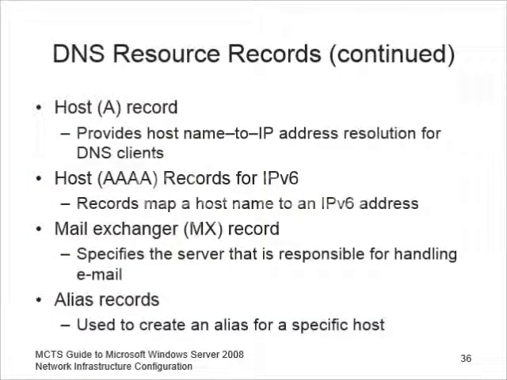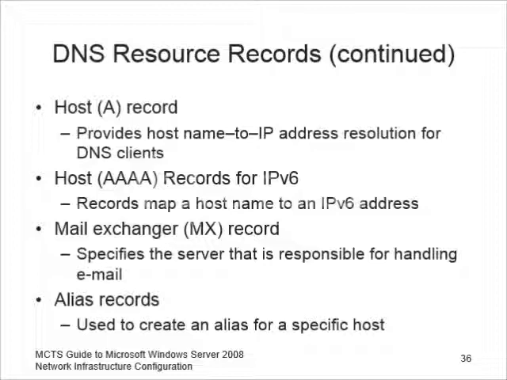Then in our list we have the host records. For IPv4 it is A, and for IPv6 it is AAAA, four A's. The A resource record maps a fully qualified domain name to an IPv4 address.